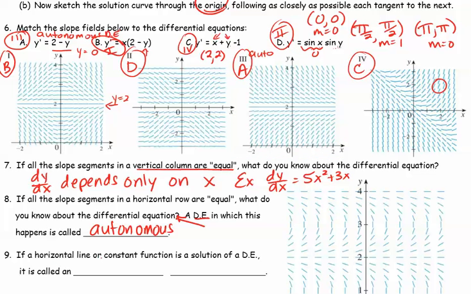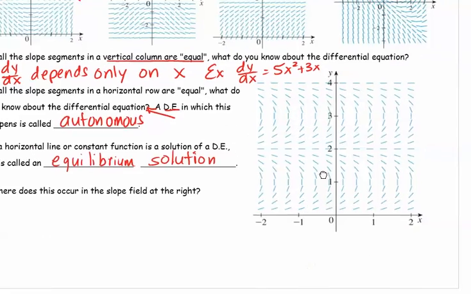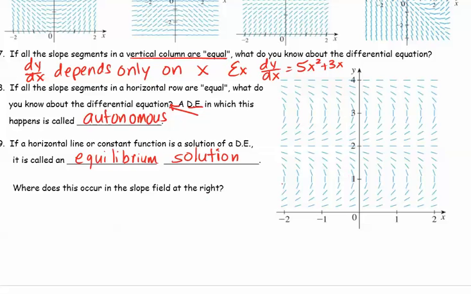All right, so if a horizontal line or a constant function is a solution, it is called an equilibrium solution. Think about when we talked about reaching the carrying capacity in a logistic graph, that gave us an equilibrium solution. So it says, where does that occur in the graph at the right?